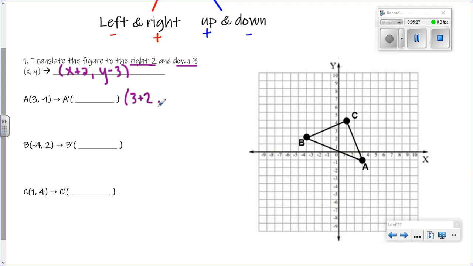And then we're going to take the y value, which is -1, and we're going to subtract 3. And so 3 plus 2 is 5.